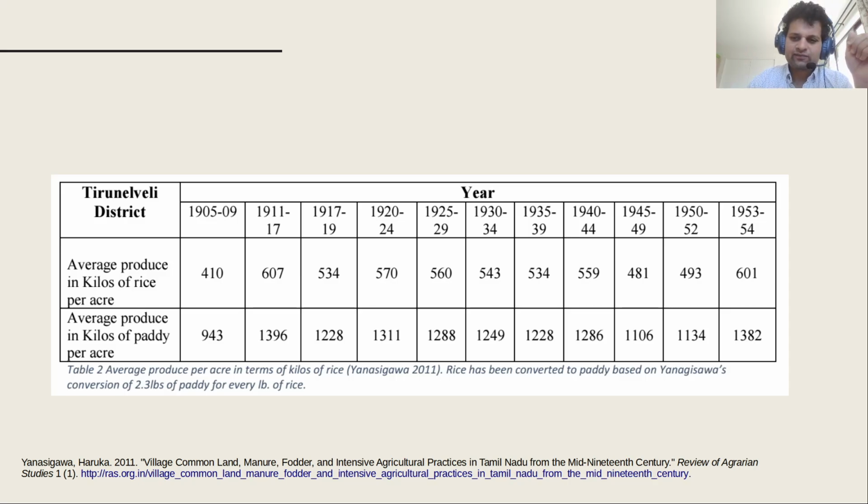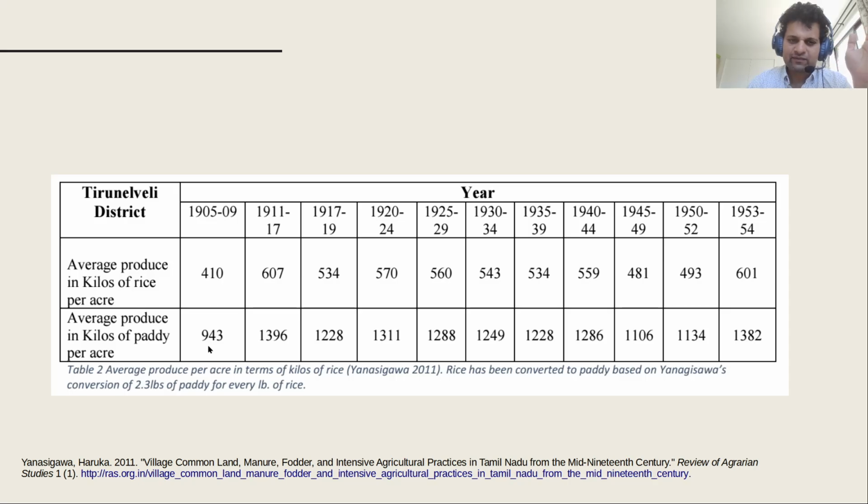It again shows the same oscillating pattern, but this data is for the 20th century, from 1905 till 1953-54. We'll have to take 1945-49 as the break period, because that's when we got independence, and the transition of power was done into our hands.